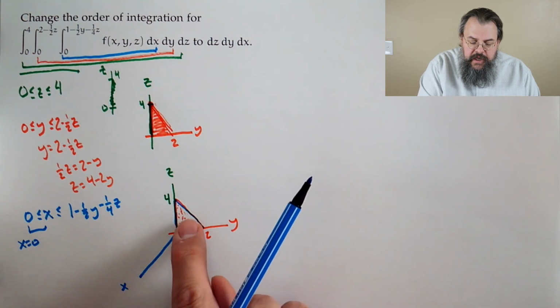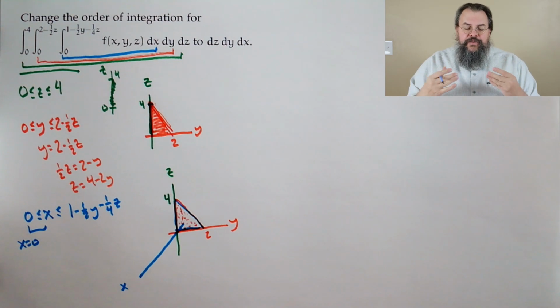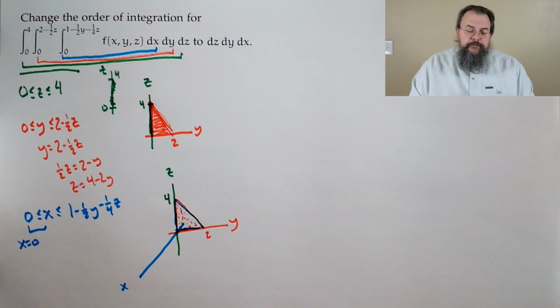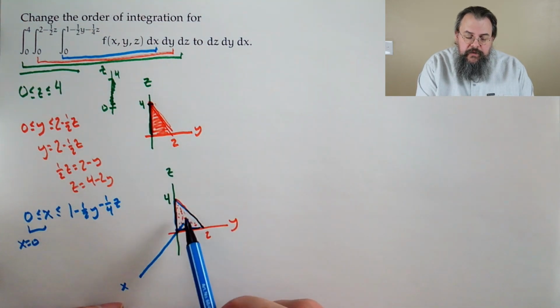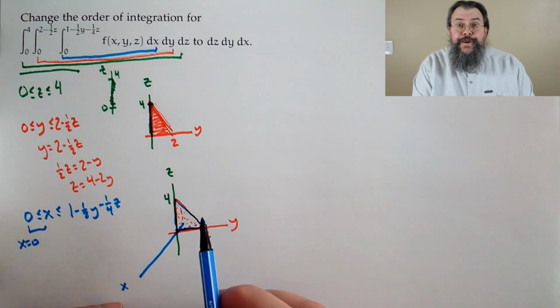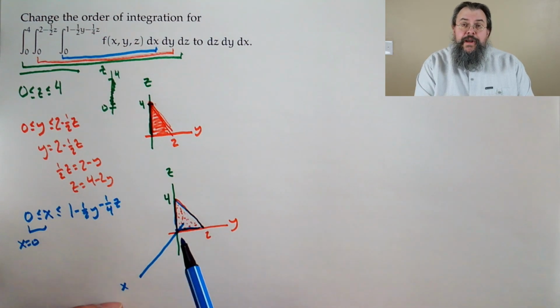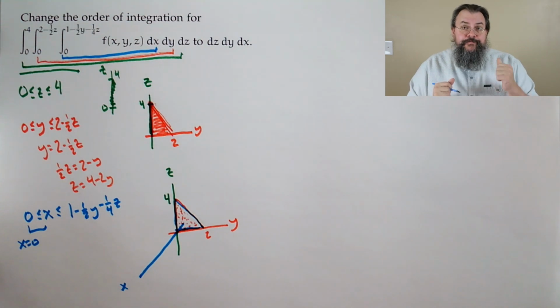And we have to be on top of this triangle, but really we can say restricted to this triangle. Just like here, we're restricted to go from 0 to 4. Well, we're restricted to go over the region that we had from the previous step.